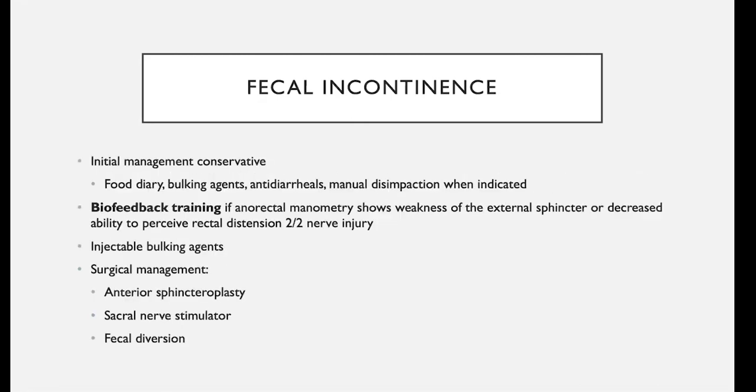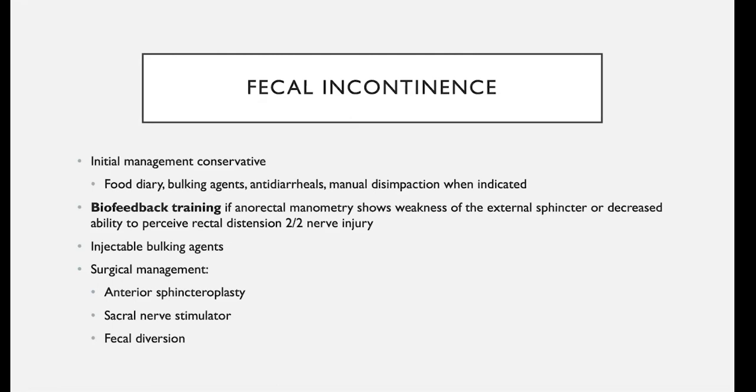Initial management, again, is usually conservative in nature. So food diaries, bulking agents, antidiarrheals, and then manual disimpaction when indicated if there's stool impaction. Patients often undergo biofeedback training if the manometry on the workup shows weakness of the external sphincter or decreased ability to perceive rectal distension.